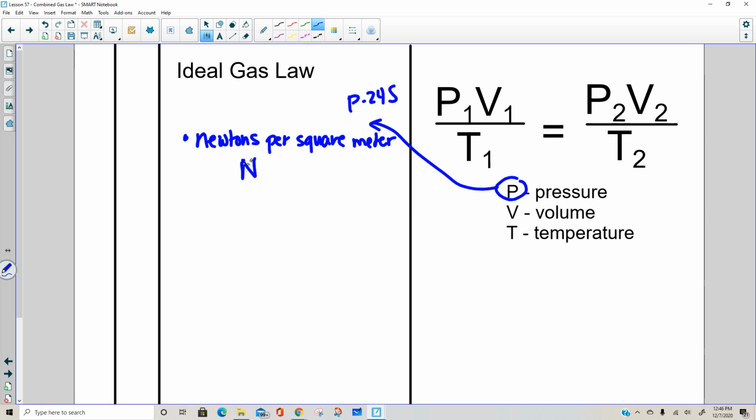Okay, that's a measure of force. Kind of like pounds, it's a force. Per is the division bar, and then square meter. Newtons per square meter. All right, the other one that's pretty common is called atmospheres. And that's going to be abbreviated just ATM.